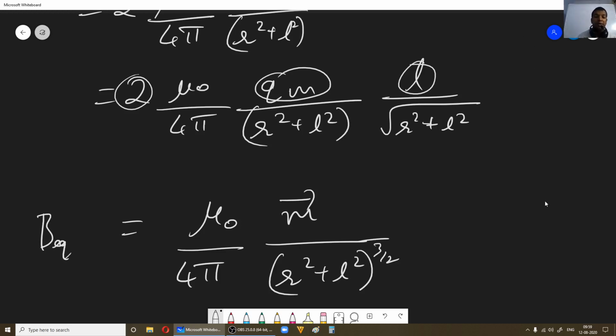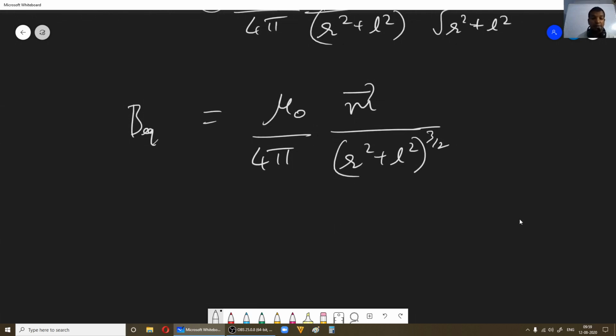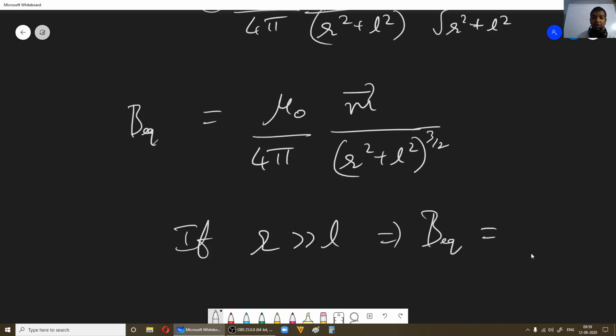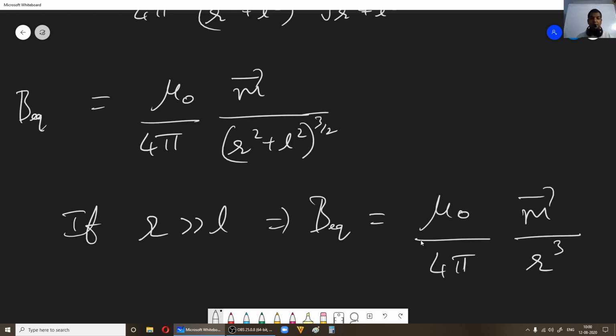Now if R is much greater than L, then the equatorial magnetic field would be equal to mu naught divided by 4 pi into m, divided by r cube only. Here R square plus L square is approximately equal to R square, and that is how we get this expression.